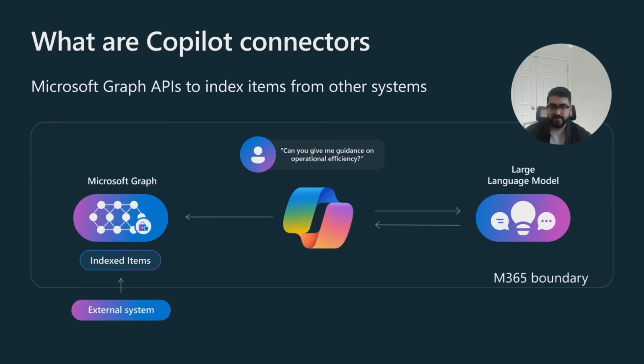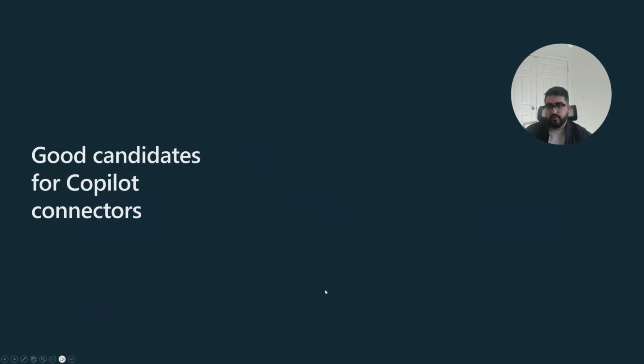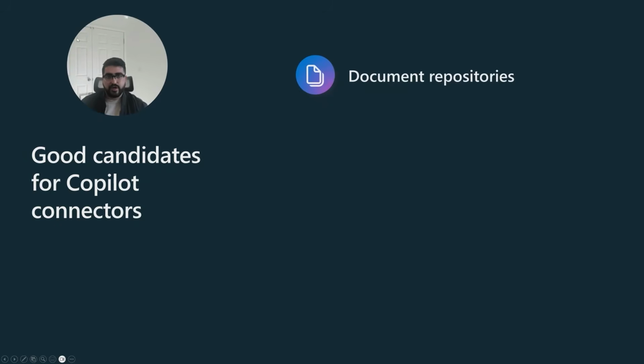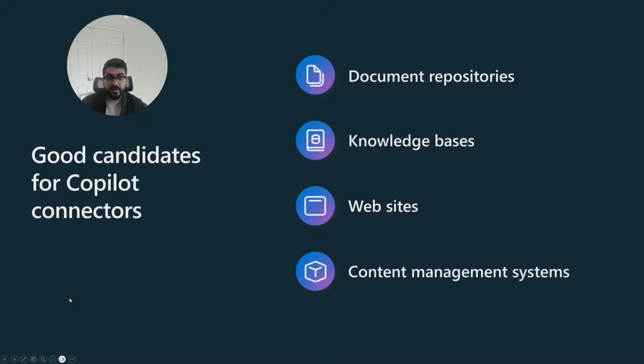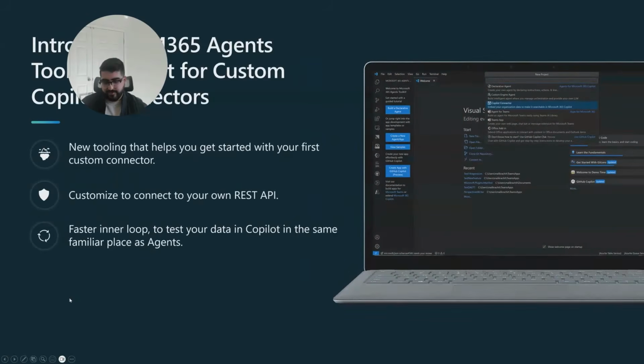You can connect to the Microsoft Graph API and actually ingest these items, which are then semantically indexed and can be used as grounding information for the large language model to provide answers to your questions. So what are some good candidates for Copilot connectors, you may ask? You could look at document repositories, knowledge bases, websites, content management systems, and so on.